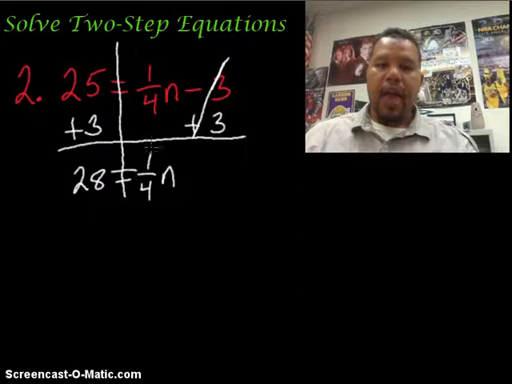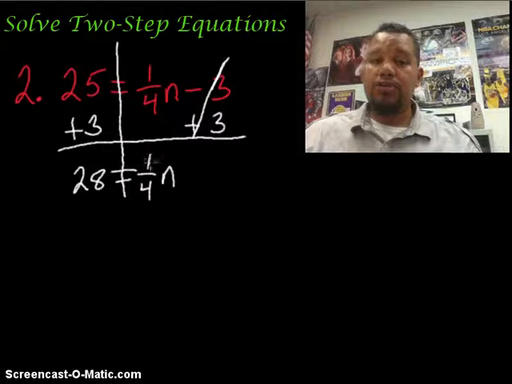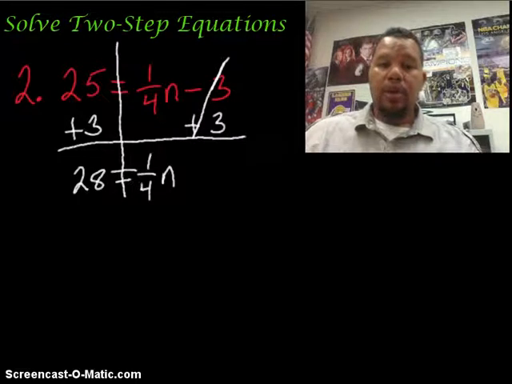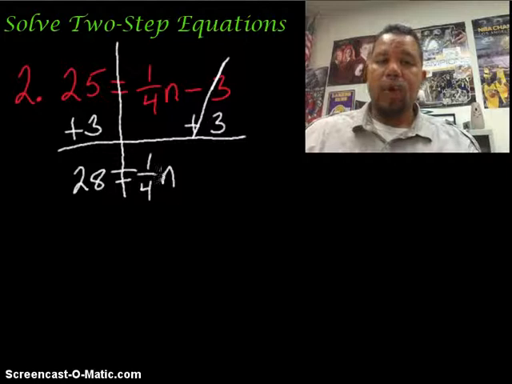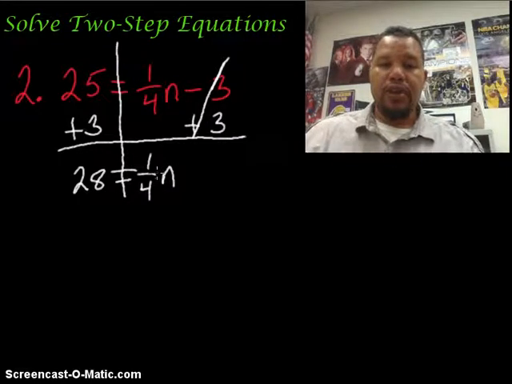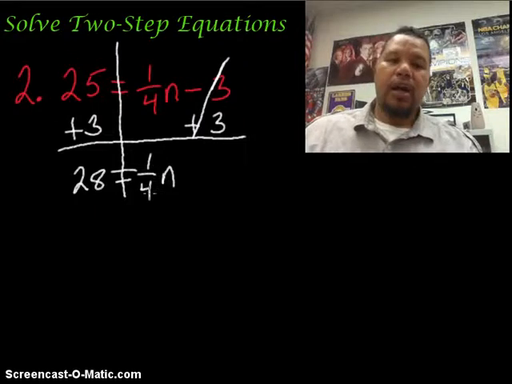Now I have 1/4 times n. So I have this coefficient, a rational coefficient of 1/4, and I want to get rid of that or cancel that. So what I'm going to do is multiply by the multiplicative inverse. Multiplicative inverse is just the reciprocal of 1/4.